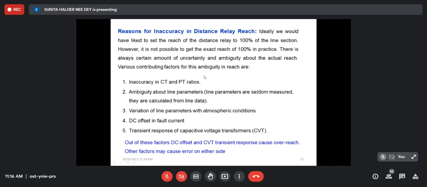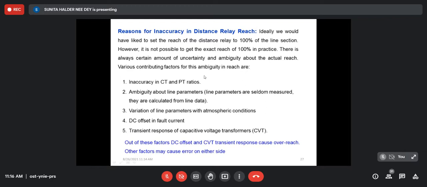Now the distance relay may overreach or underreach. Why is there a discrepancy in reach in the case of a distance relay? Because it involves two transformers, one CT and another PT, and their ratios are not perfect. The transformation of voltage and current may not be proportionate.